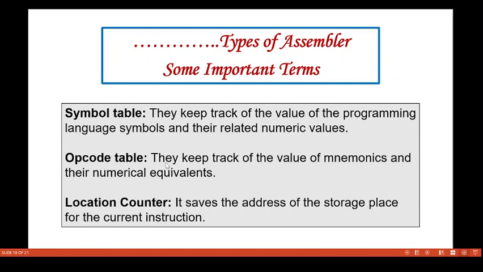Then these are some of the important terms again. Symbol table: what is a symbol table? It keeps track of the values of the programming language symbols and their related numeric values. This is the work of the symbol table. Then what is the opcode table that we just mentioned? It keeps track of the values of mnemonics and their numeric equivalents. The location counter saves the address of the storage place for the current instruction.